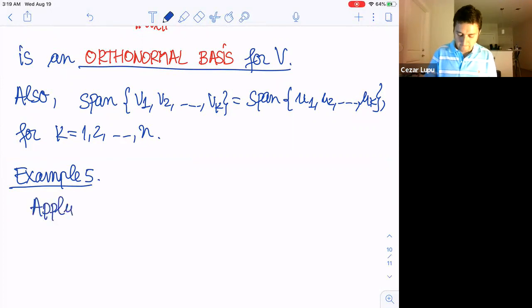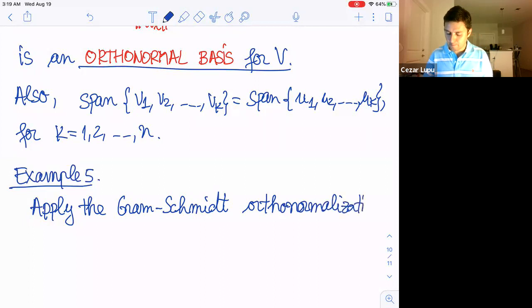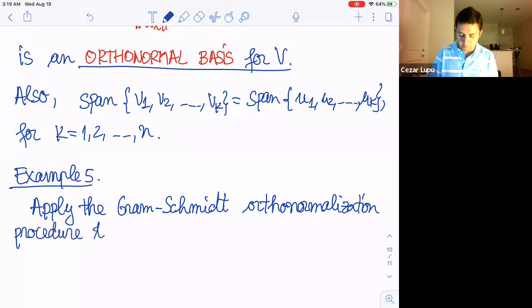Apply the Gram-Schmidt orthonormalization procedure to the basis B for R2.